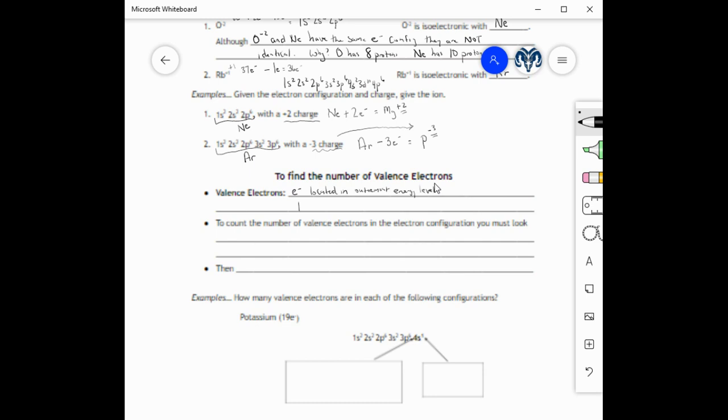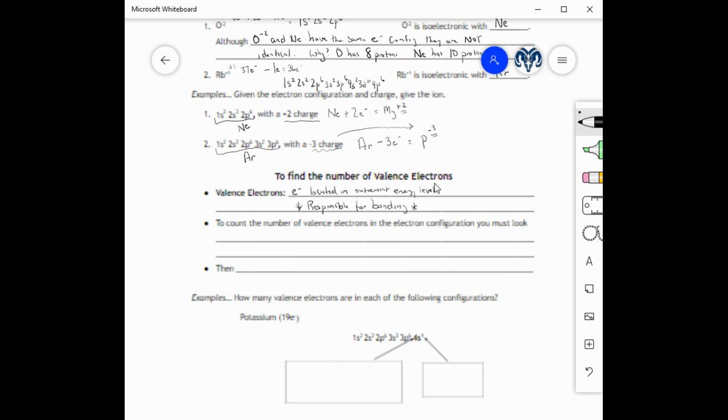And what's really important about these is these are responsible for bonding. That means they're the ones that are responsible for all of your chemical reactions.